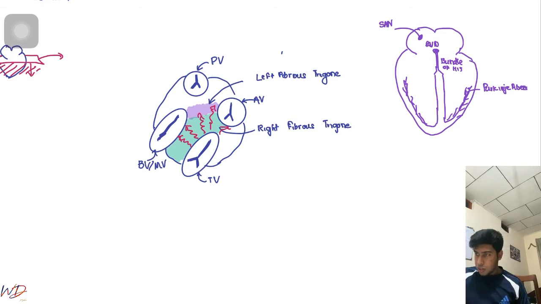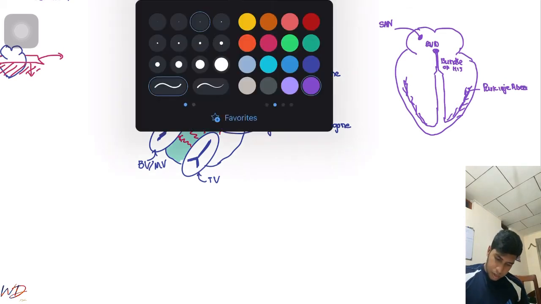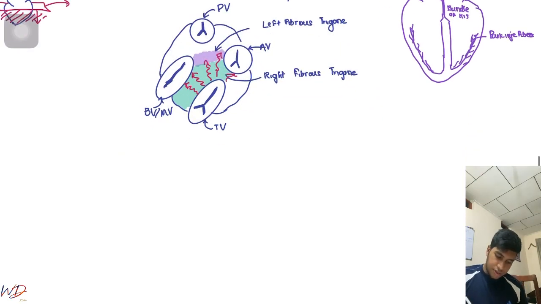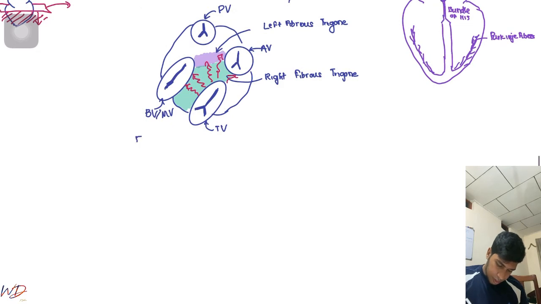So, okay, there are two functions of the fibrous skeleton. The first one is to ensure electrophysiological discontinuity.